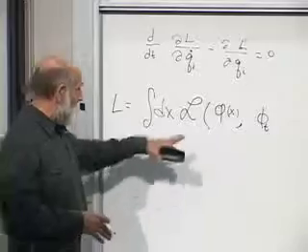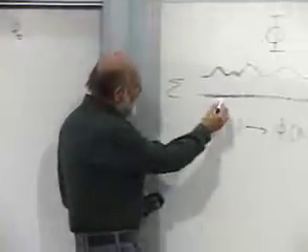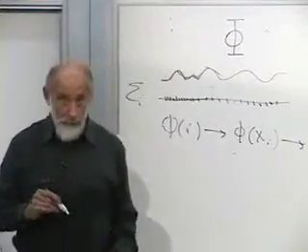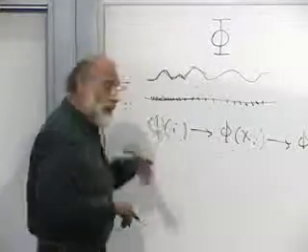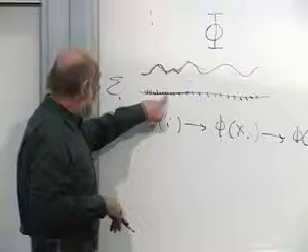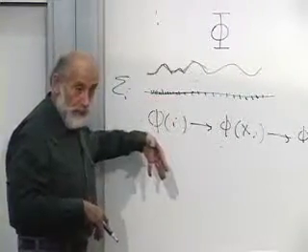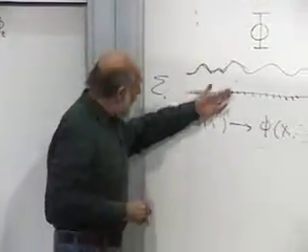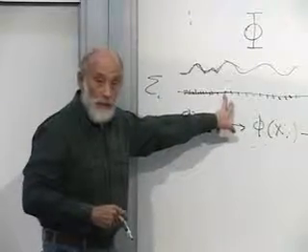But what else can L depend on? L can also depend on differences of phi between neighboring points. So you could have in the Lagrangian phi appearing at each point separately, but you could also have the derivatives of phi appearing in the expression for the Lagrangian. And in the Lagrangian we wrote down, the potential energy did involve differences of phi at two different points.